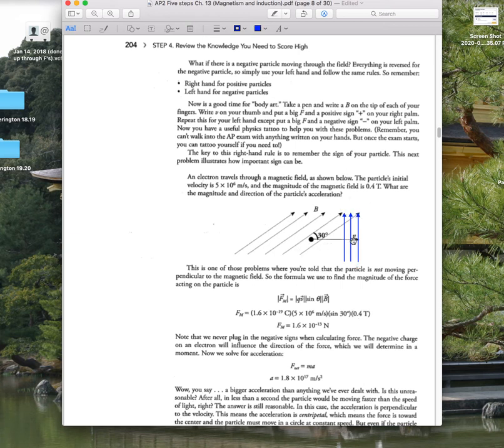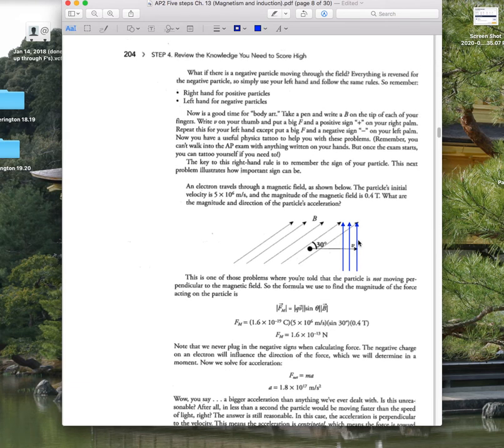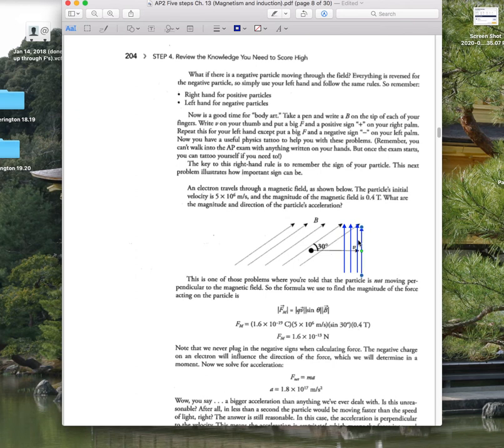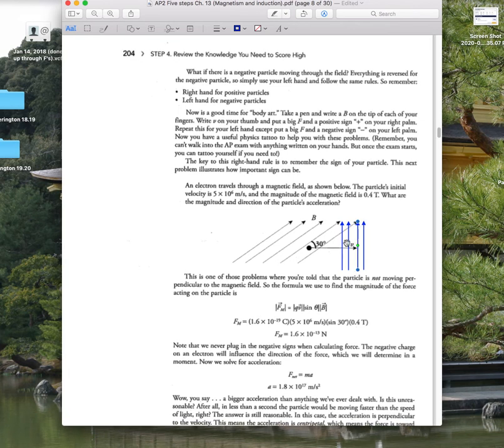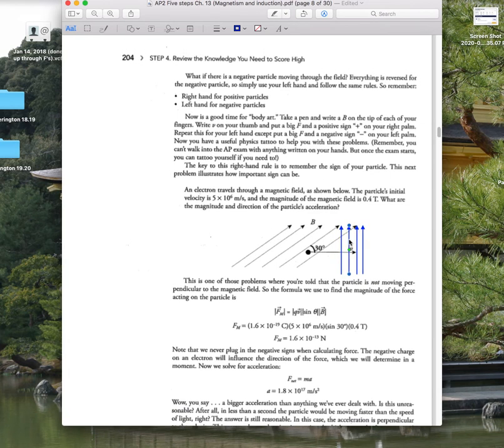So when we have this charge go here, and pretend I've got a bunch more blue arrows over there, that charge will move perpendicular. So initially at least, the force on that charge, if it's an electron, and I use my left-hand rule, is going to be into the page. But as it ends up going into the page, now the force is going to be directed to the left. And then it'll be out of the page, and then it'll be to the right. So it'll go in a kind of circle.